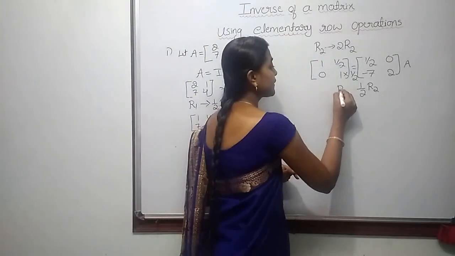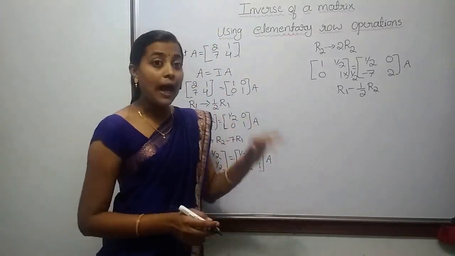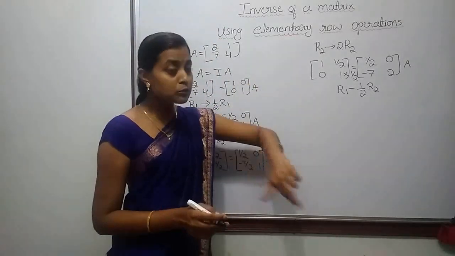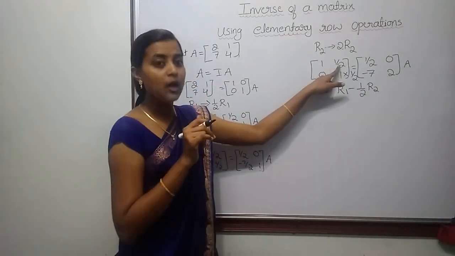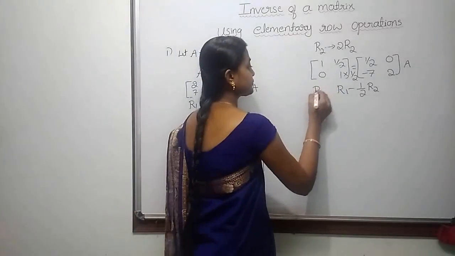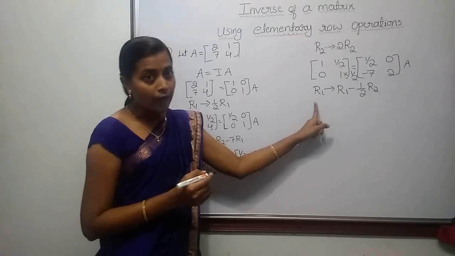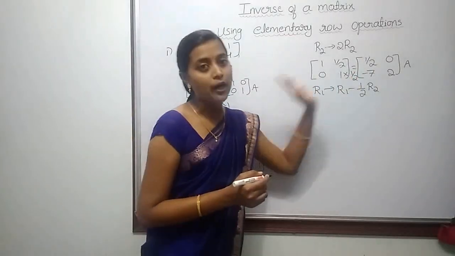So I'll write R1 minus 1 by 2 R2. And where do you write the result? We have to change this element lying in the first row to 0, so we write the result in the first row.